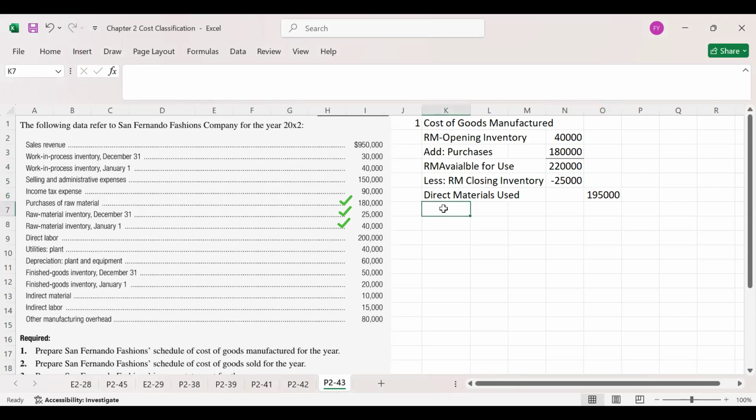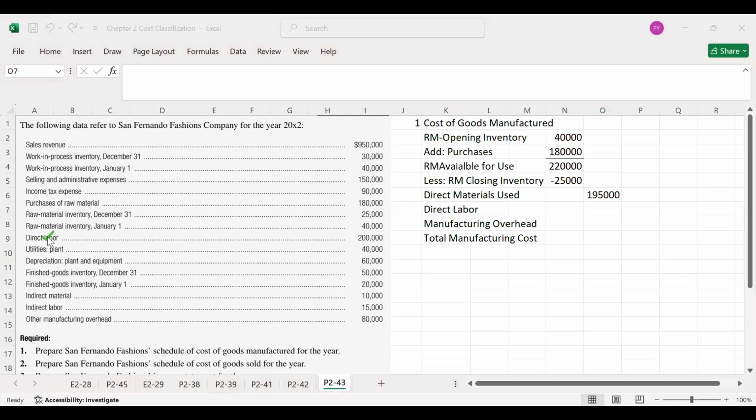And then we add direct labor and manufacturing overheads in order to get total manufacturing cost. We have just discussed, total manufacturing cost is your total factory cost or total product cost. So direct labor is also given here.